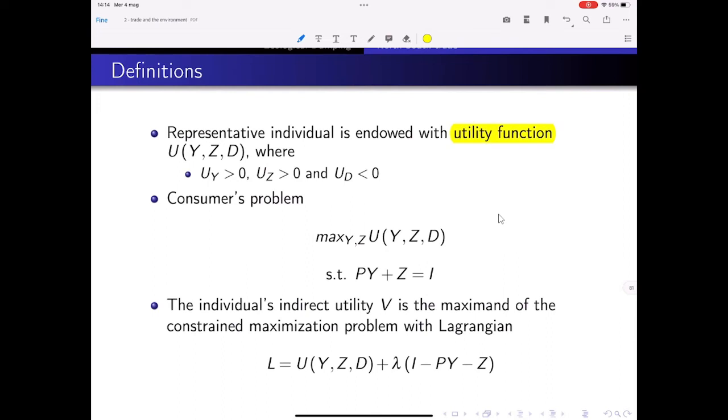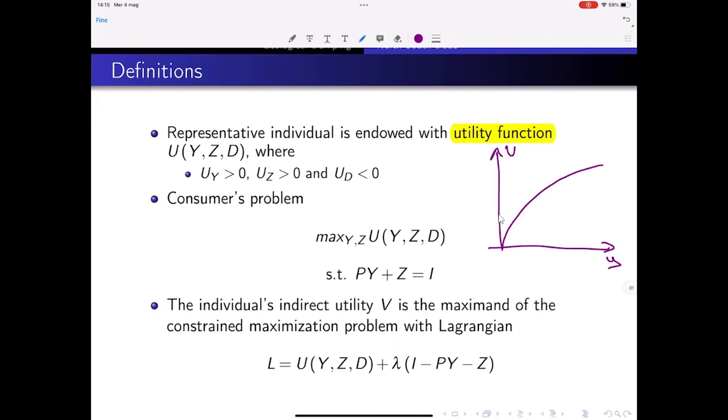Something I perhaps briefly mentioned a couple of lectures ago: you have a utility function that is concave in the consumption of the single goods. So if you increase consumption of Y, your utility increases, but at a decreasing rate.